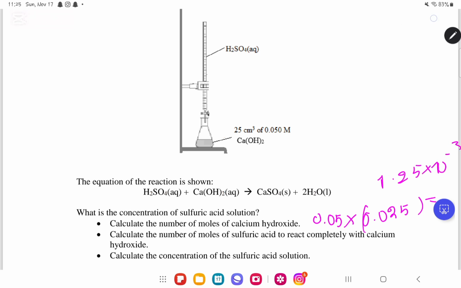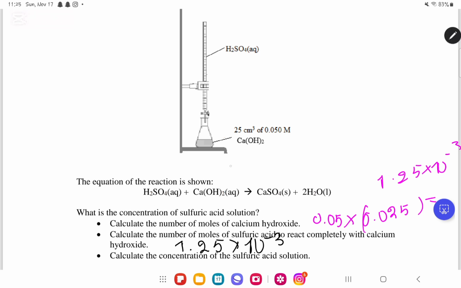Now, calculate the number of moles of sulfuric acid to react completely with calcium hydroxide. It should be the same if it's gonna react completely. So 1.25 times 10 to the minus 3 should be the same. Now calculate the concentration of sulfuric acid solution.